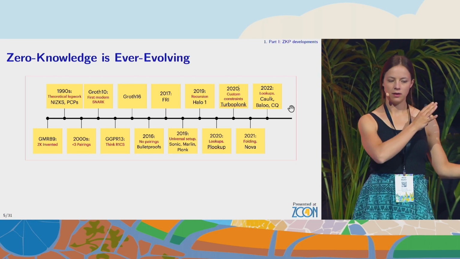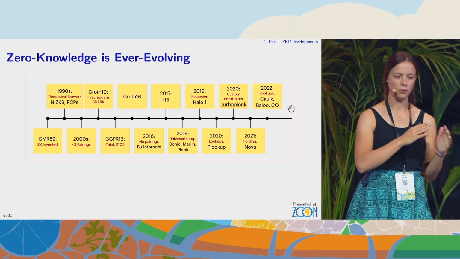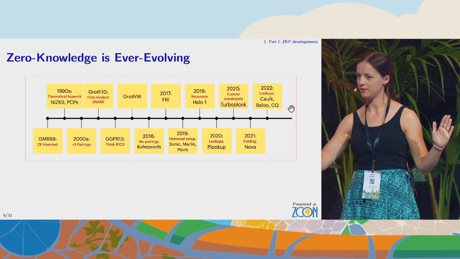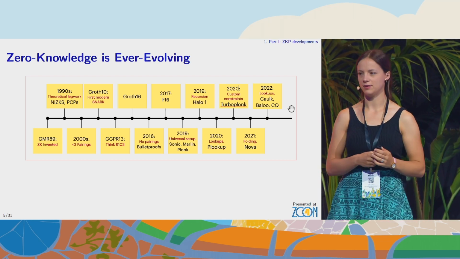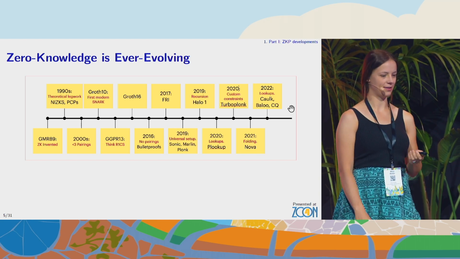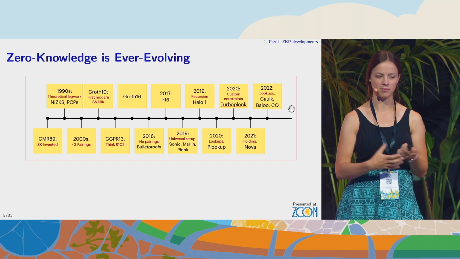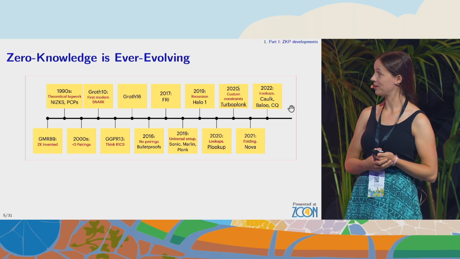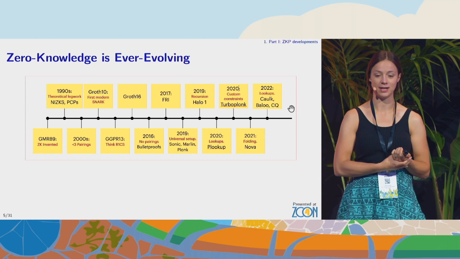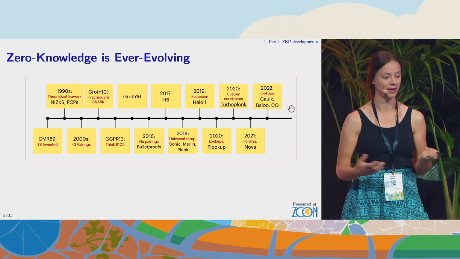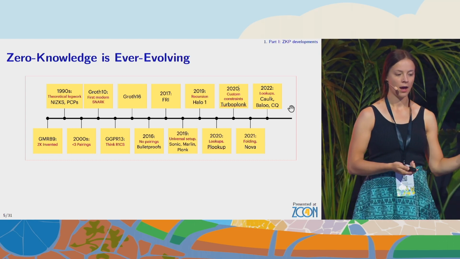In terms of the timeline of what process we've been going through in order to get zero knowledge to the place where it is today, obviously I haven't included everything that's important on this timeline, but I have included some things which I think are pretty relevant, absolutely including the very first GMR paper, which actually invented zero knowledge as a concept back in 1989.